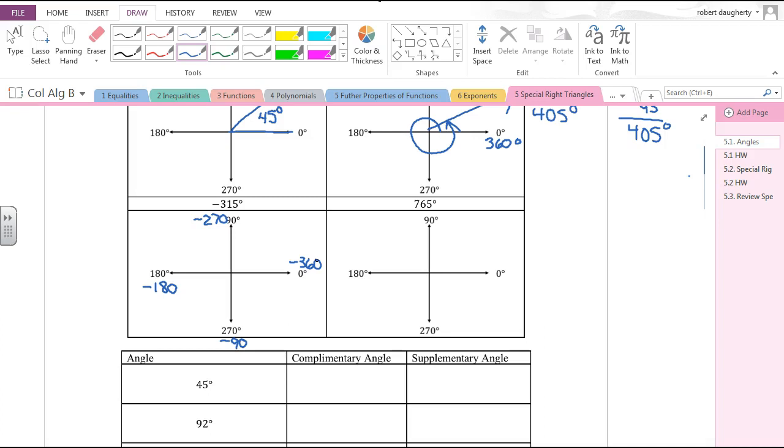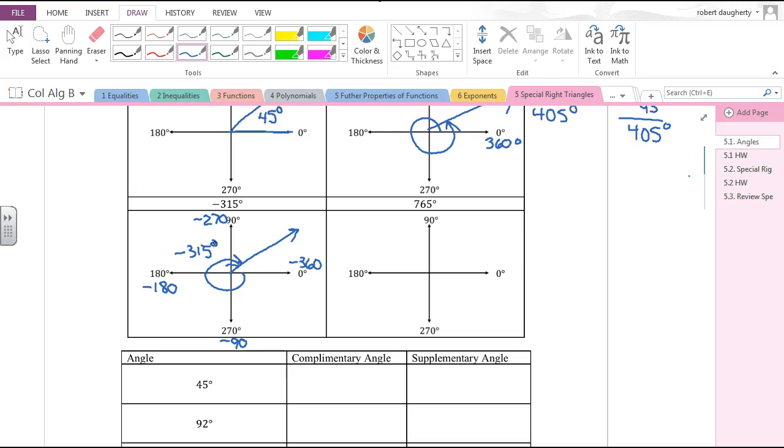Okay, how much further do I need to go to get to 315? I need to go 45 more, right? Yeah, so this angle is like this. Okay, so that's my initial side. That's my terminal side. So this is a negative 315-degree angle.